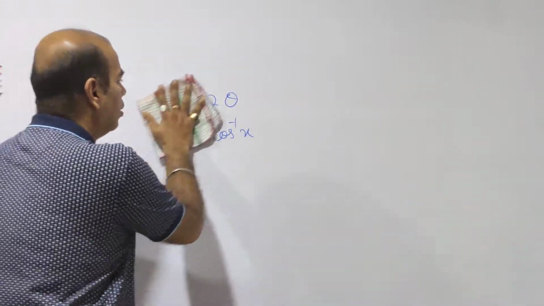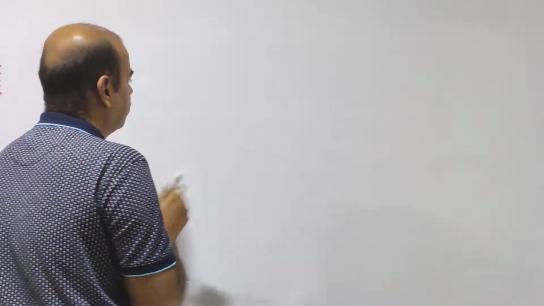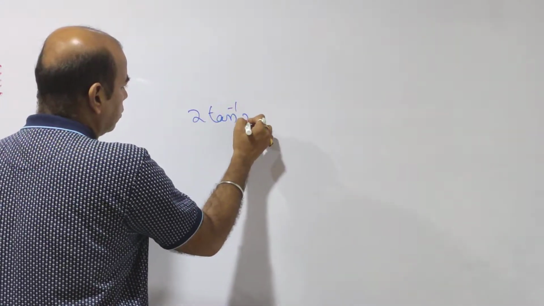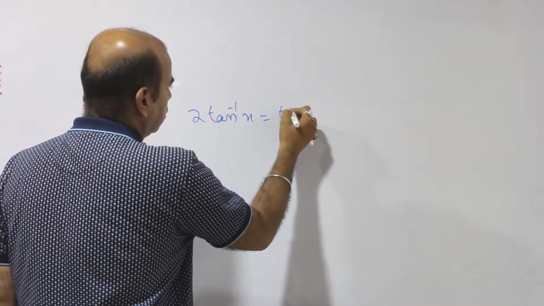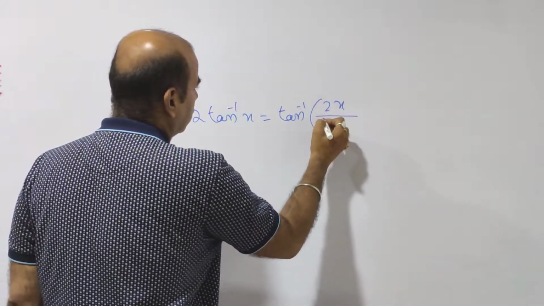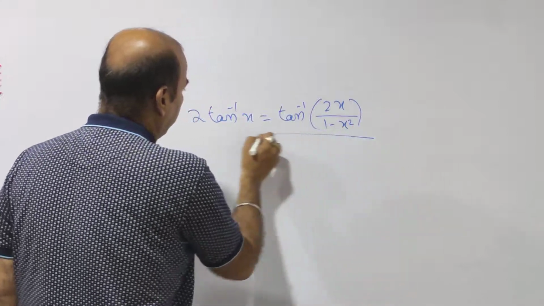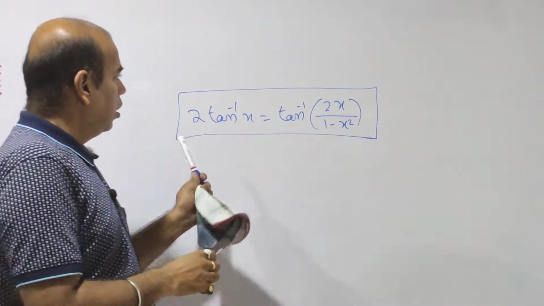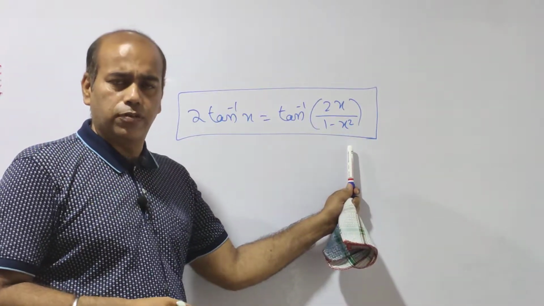I can also do the same thing with tan inverse. So I am showing you one example for tan inverse. I think it is 2 tan inverse x, which is tan inverse 2x by 1 minus x squared. Now, this is a formula for 2 tan inverse x.